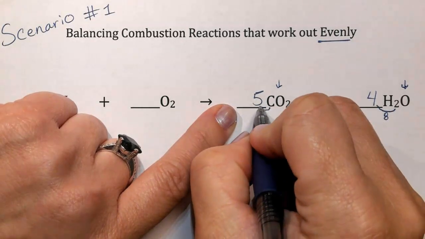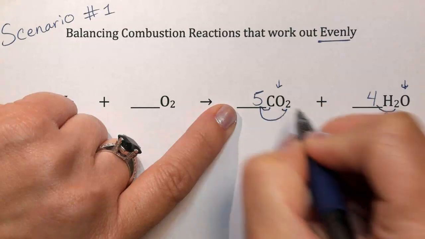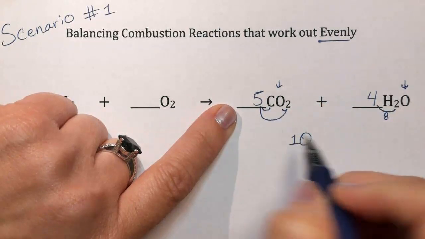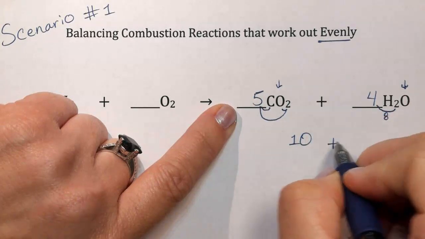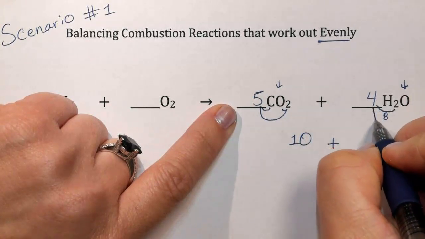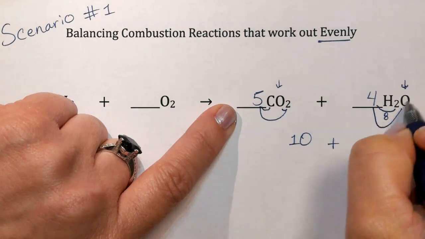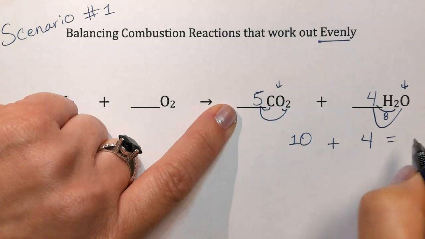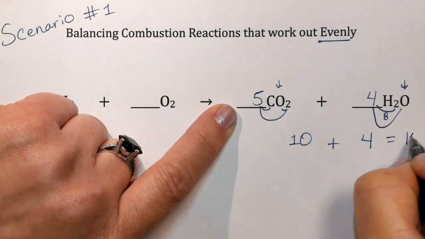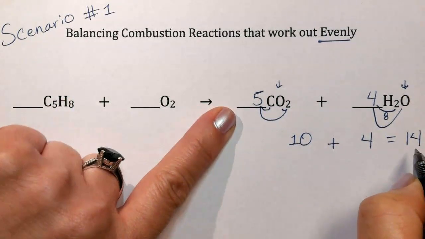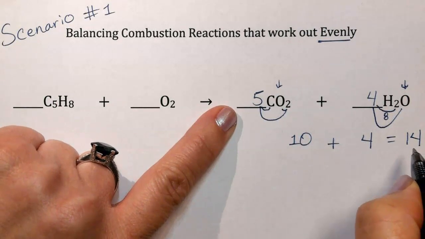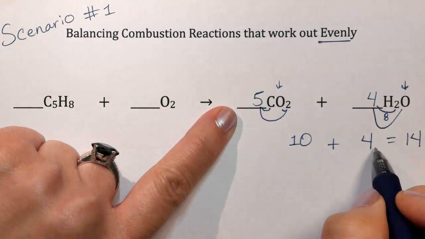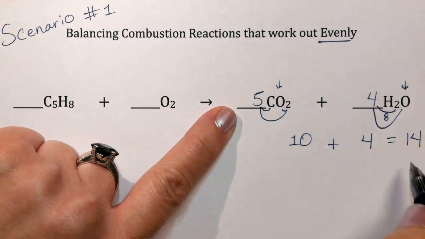So it's going to go 5 times 2 equals 10 oxygens here, plus 4 times 1 is equal to 4 more oxygens there. And when you add 10 plus 4, you get 14 total oxygens on the right-hand side of this equation.